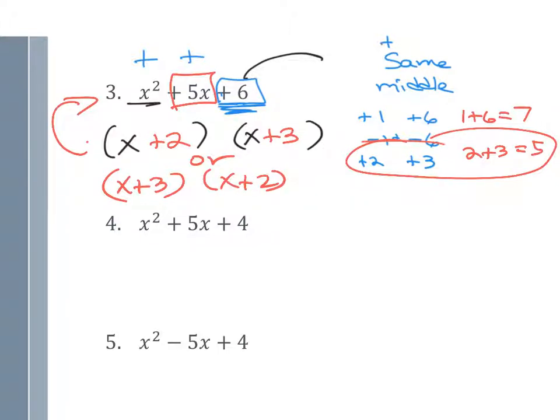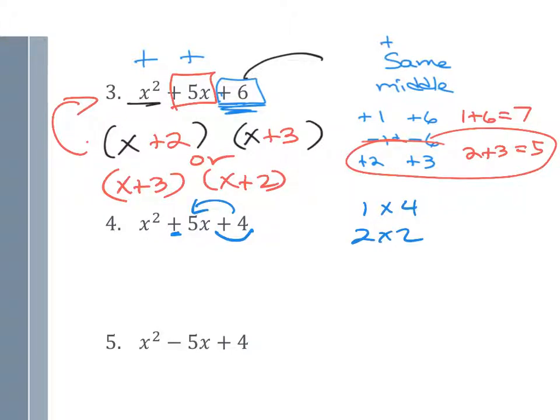Again, I'm looking for factors of 4 that will add, because it's plus plus, to give me 5. So let's list the factors of 4. We can multiply to get a 4 by doing 1 times 4 and 2 times 2. Now again, remember, when this number on the end is positive, your signs have to be the same. And to see what sign, you look at the middle sign.